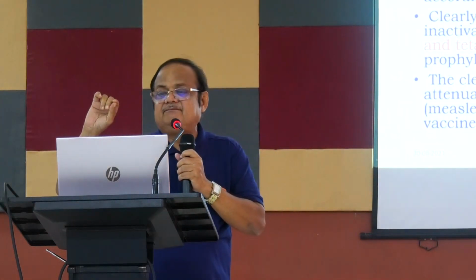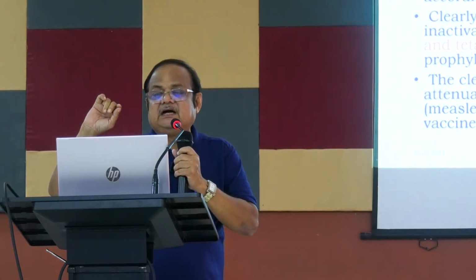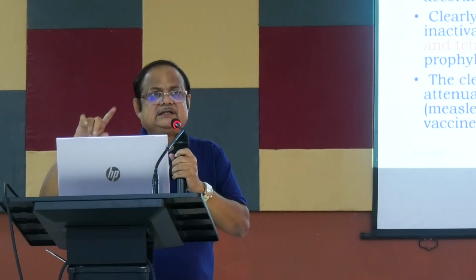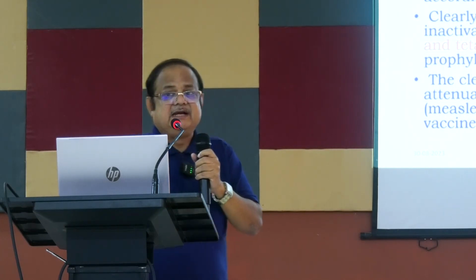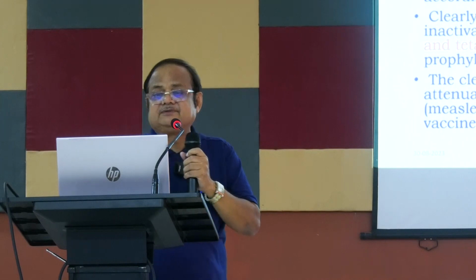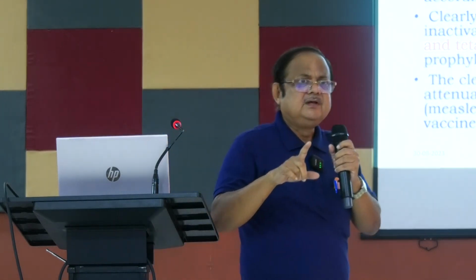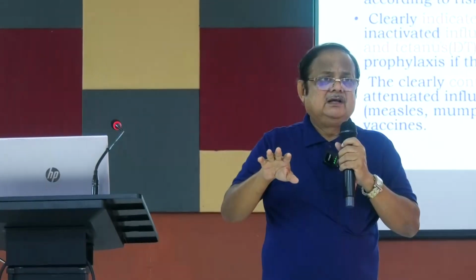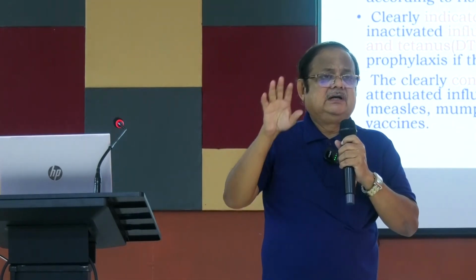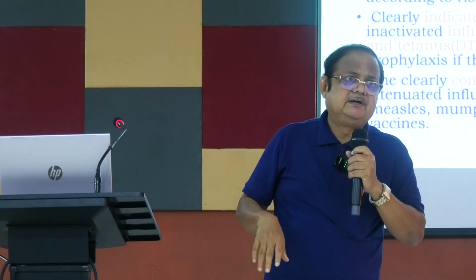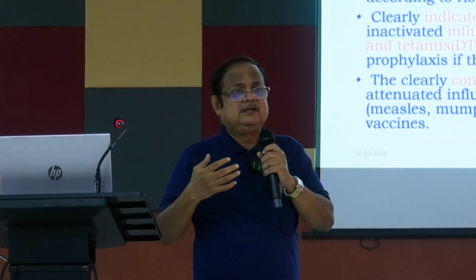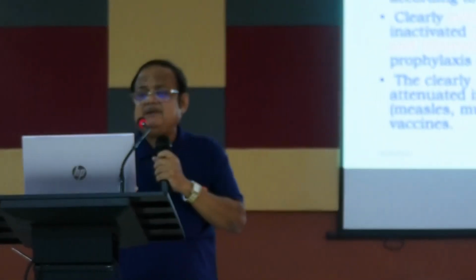At the government level only diphtheria and tetanus vaccine is given. Pertussis is also given, but it is not available at the government level. Tdap is only available in the private sector.